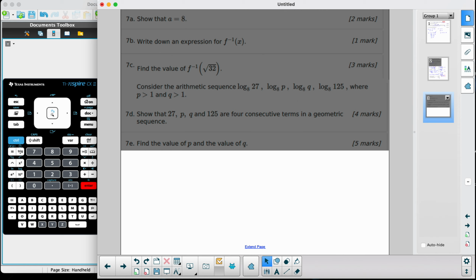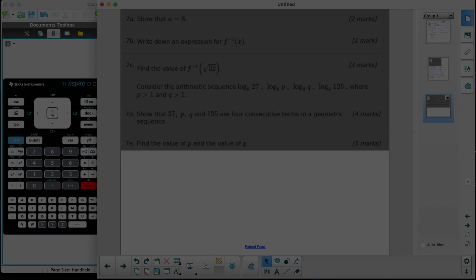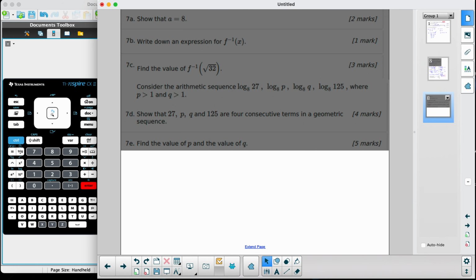Okay. So here we go. Oops, I forgot the opening part. Consider the function.